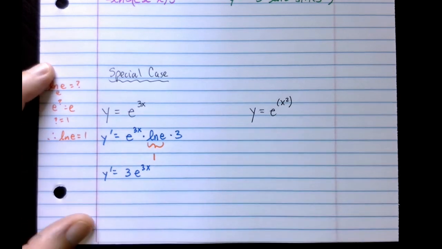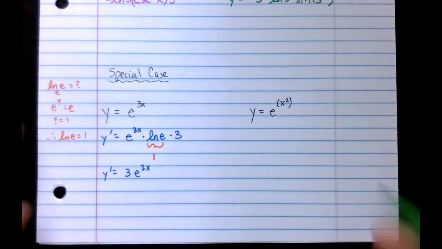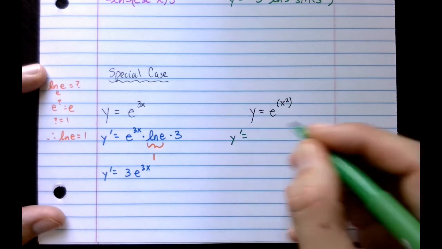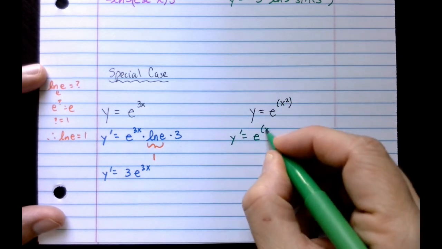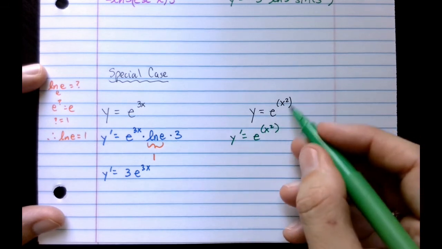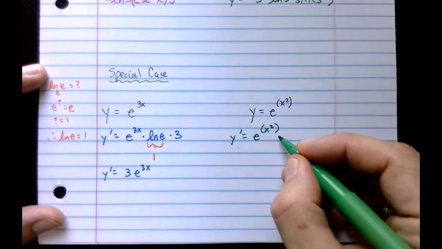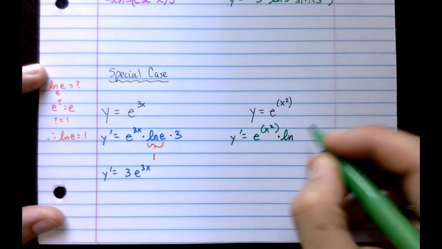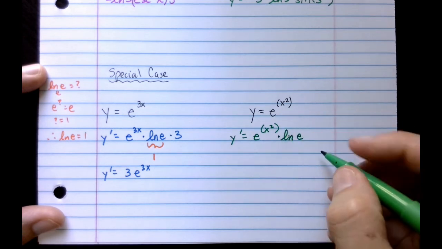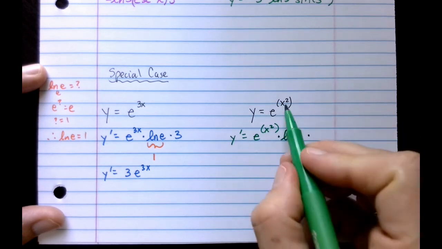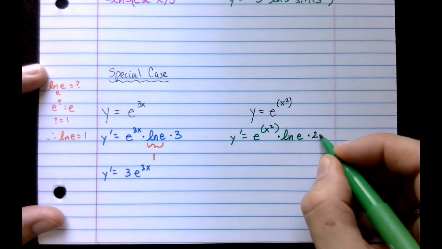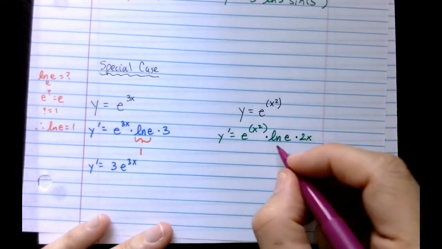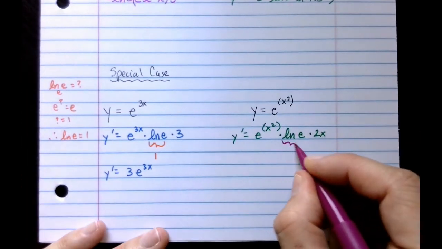Let's try one more, and let's see if you can figure it out. y prime equals, so this is an exponential, so we're going to go e to the power of x squared, because the derivative of the exponential is the exponential itself times the natural log of its base, which in this case is e, times the derivative of the exponent. That's x squared, so let's use power rule. The derivative of x squared is 2x. Natural log of e is 1.